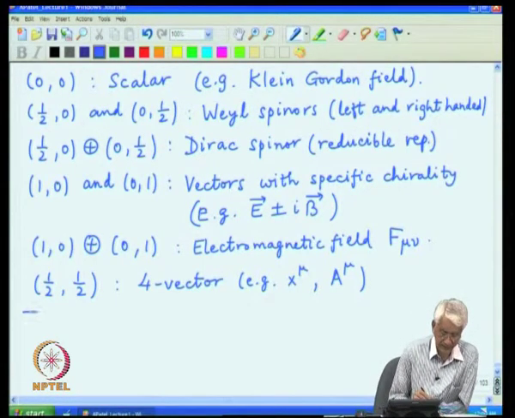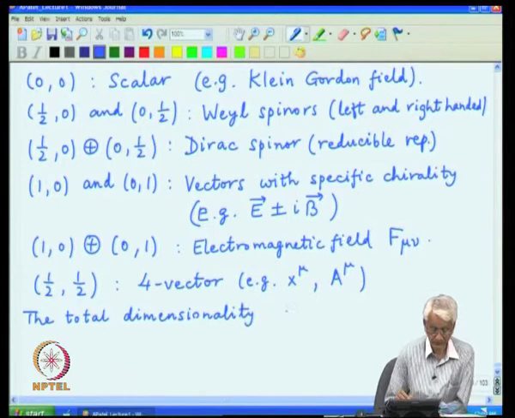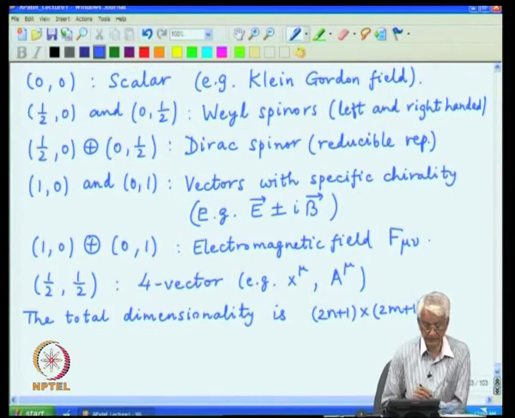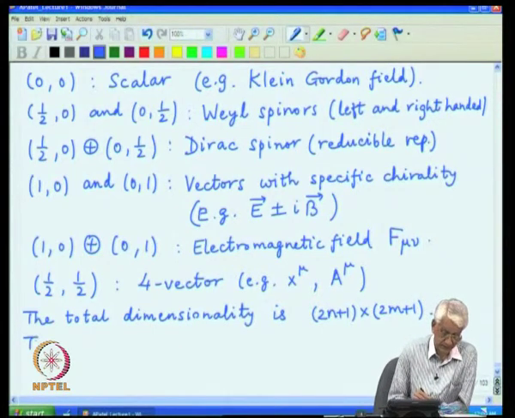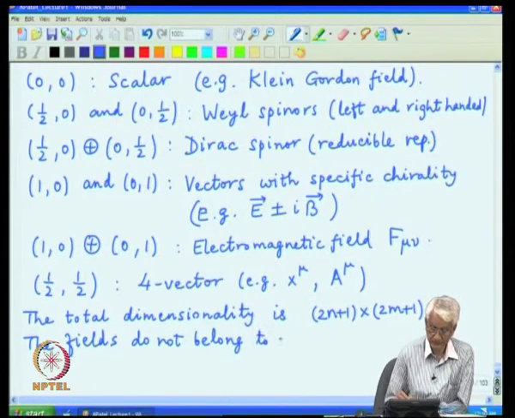So, these are actually the most frequently encountered representations of the group. The total dimensionality is the product of the two factors, (2n plus 1) times (2m plus 1), and the fields which we have used do not have to correspond to unitary representations.